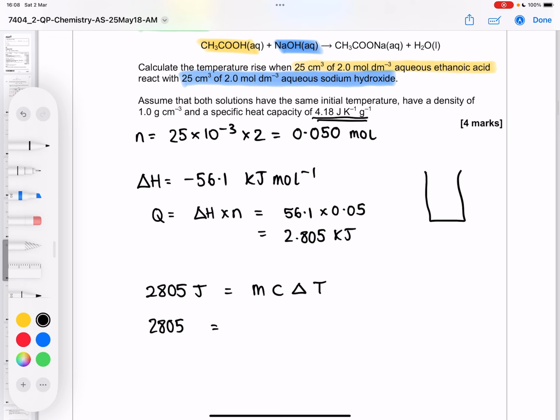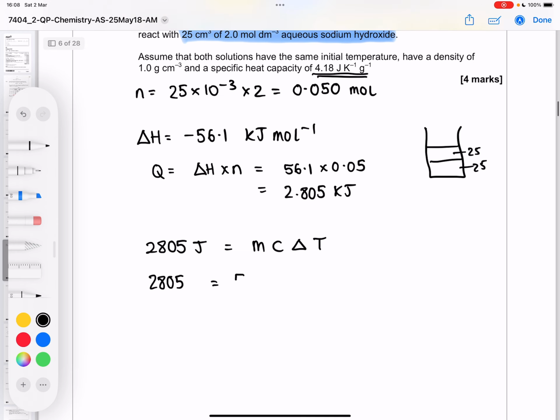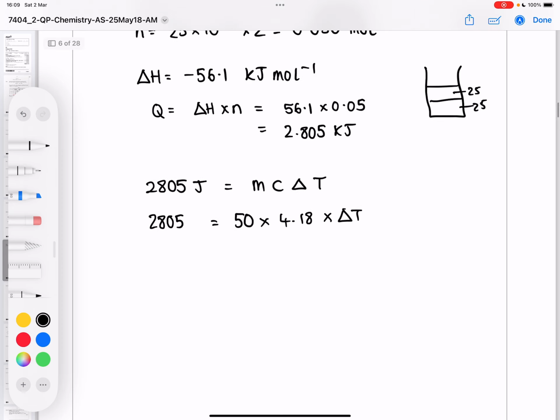Now remember that in here you've put actually 25 and another 25. So in total the mass of the solution is 50. It's 50 centimetres cubed, but it tells us the density is 1 gram per centimetre cubed. And we're going to times that by 4.18, and we're going to times that by delta T. So we can rearrange to say that delta T equals 2,805 divided by 50 times 4.18.